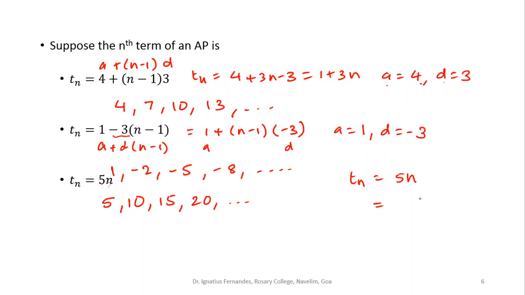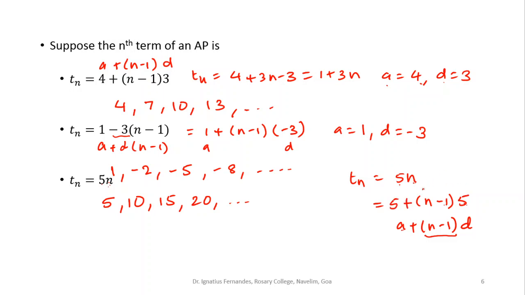You may rewrite this into the general form and see. You want this in the form a plus n minus 1 into d, so you always want n minus 1 in the general form. What decides the arithmetic progression is a and d. Now you want 5n here, so what will you do? You will write 5 here, so that you will get 5 into n. But then there is minus 5 here, so to get rid of this minus 5, you will add 5 here.